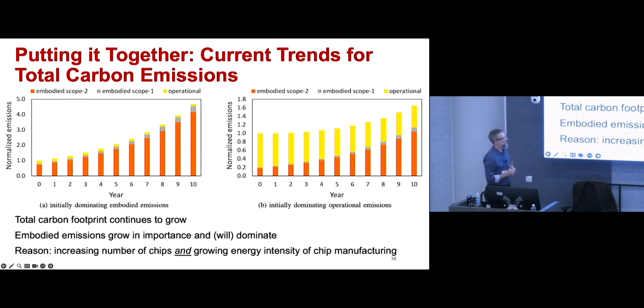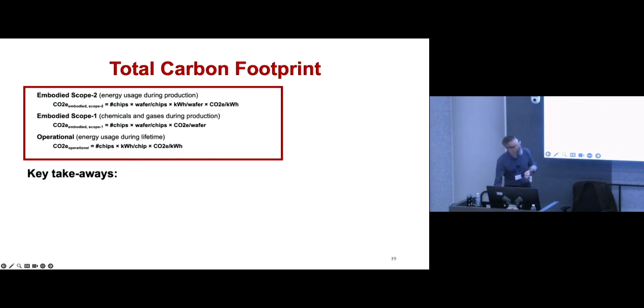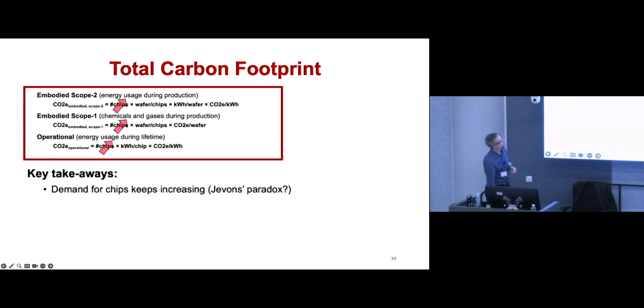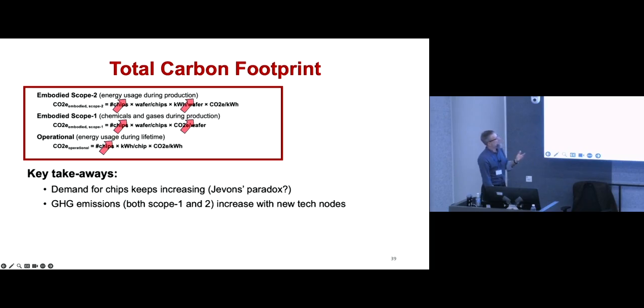The reason is really the increasing number of chips and the growing energy intensity in chip manufacturing. So if you put it all together, the demand for chips is increasing, which is probably also a result of Jevons paradox. GHG emissions, both Scope 1 and Scope 2, are increasing with new tech nodes.